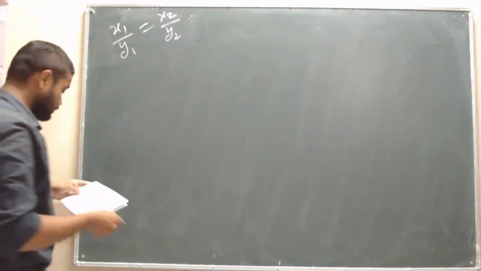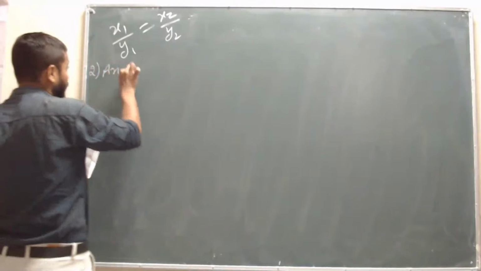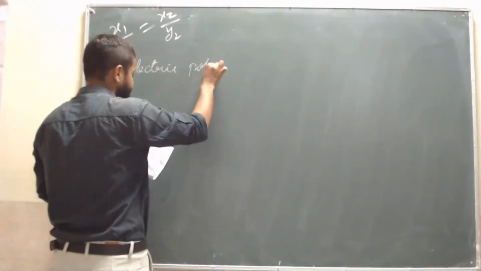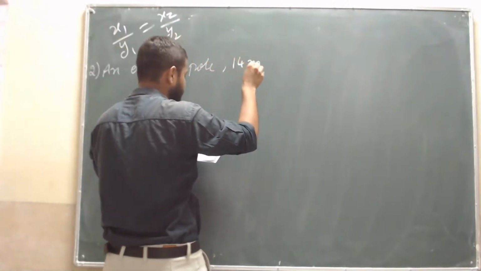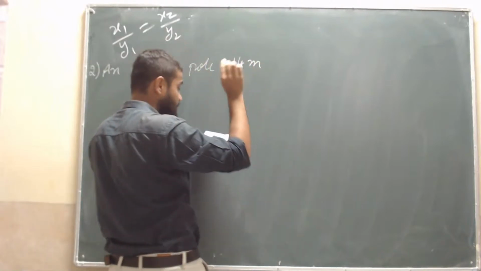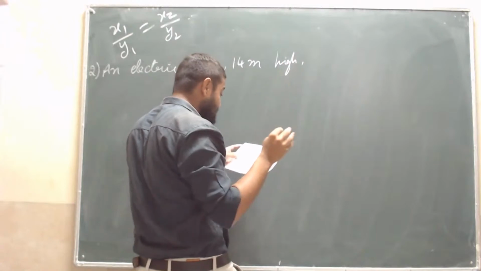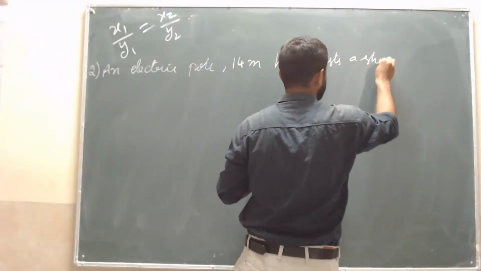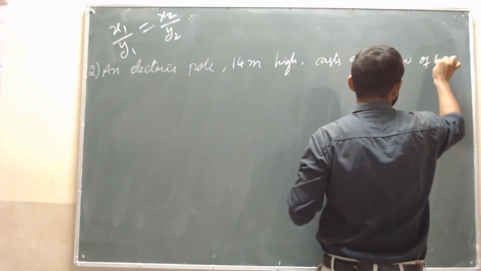In the next question, students, an electric pole 14 meter high casts a shadow of 10 meter.